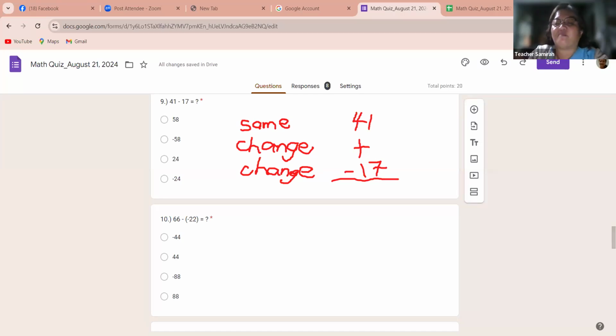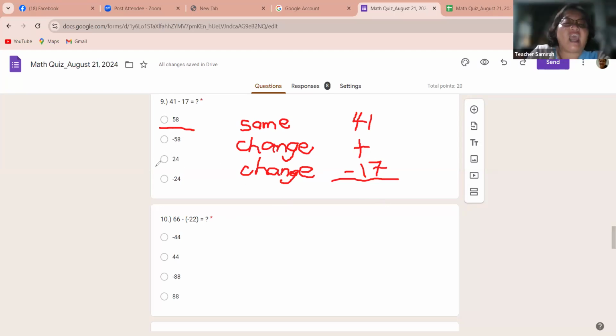What is bigger? Is it 41 or 17? 41. So what is the sign of 41? Positive.